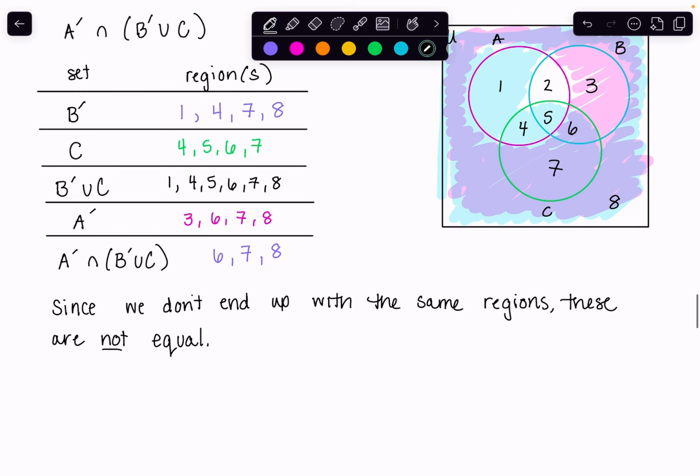So what I would write is A union B intersect C complement is not equal to A complement intersect B complement union C. They are not the same. Okay?